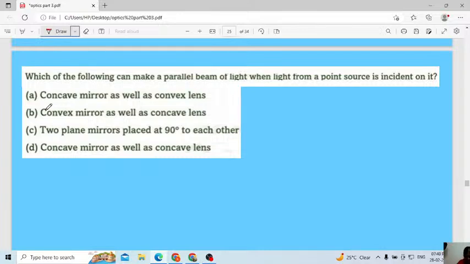Tell me. B. No. Reverse of B. Radhika is correct. Concave mirror as well as a convex lens.